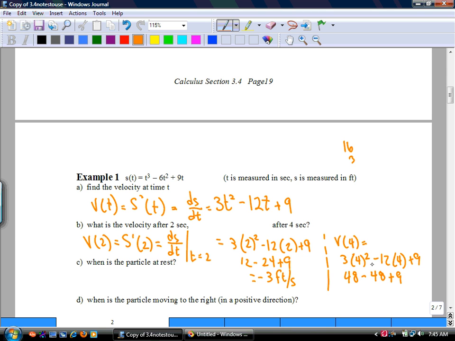Plus 9. It should have the same answer as the next one. So it's got a velocity of 9 feet per second. Positive, going to the right.